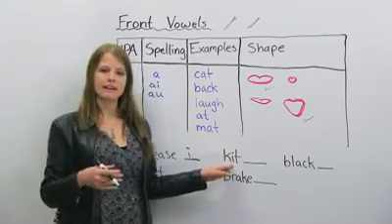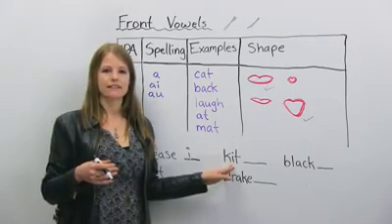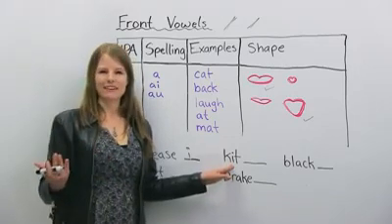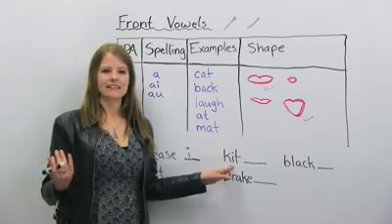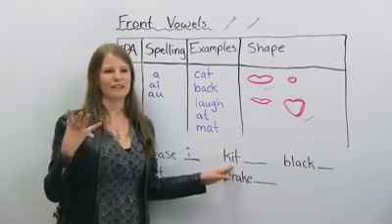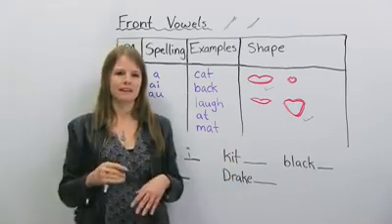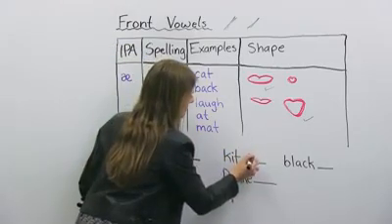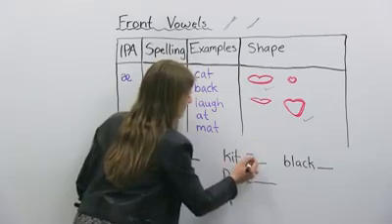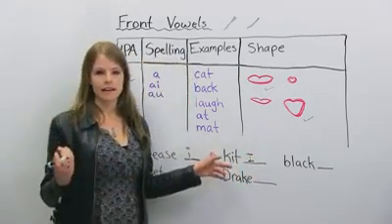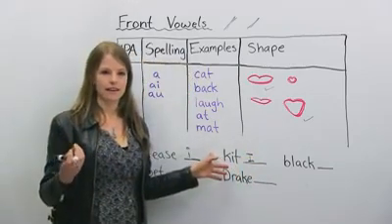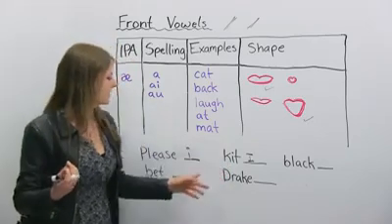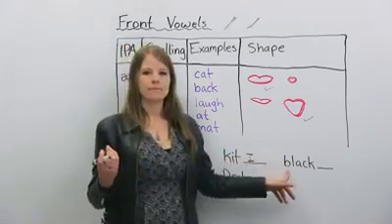Am I smiling when I make it? Kit. No. So what sound do you think this is? If you look at my mouth, it's not really wide open. Kit. It's pretty serious. This is the I sound. I, kit.